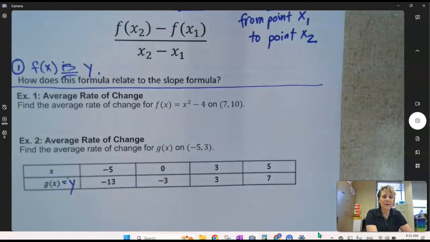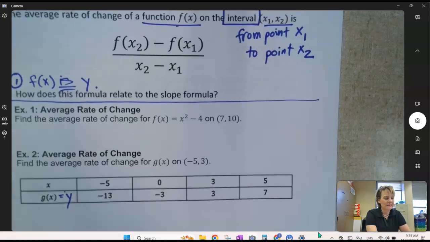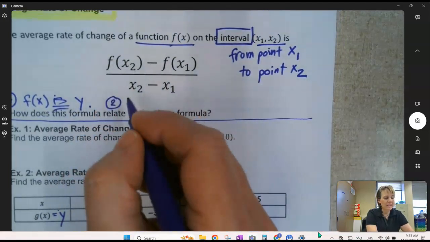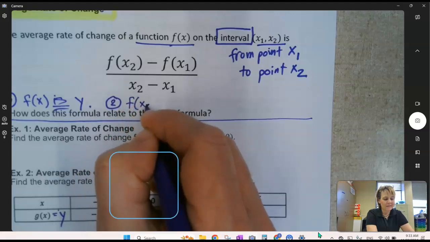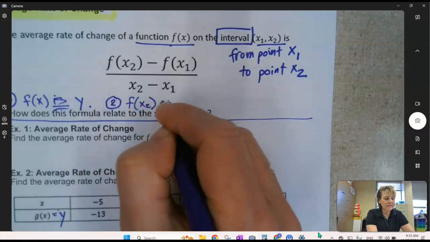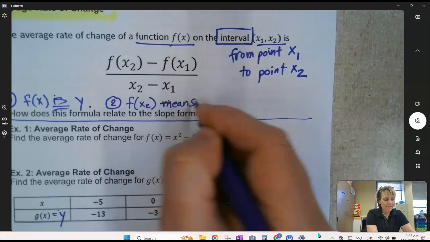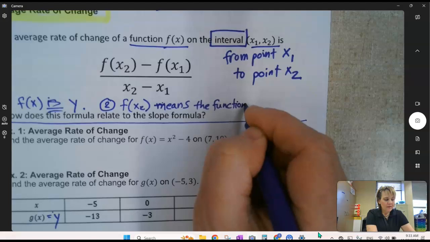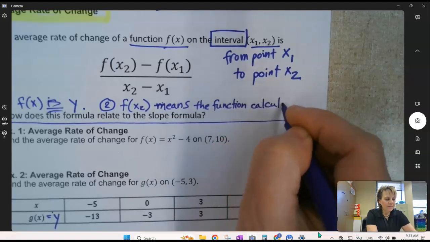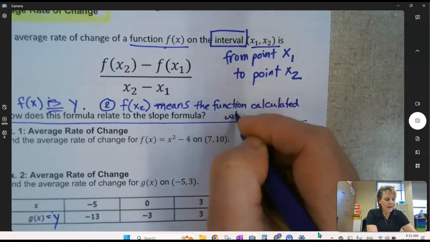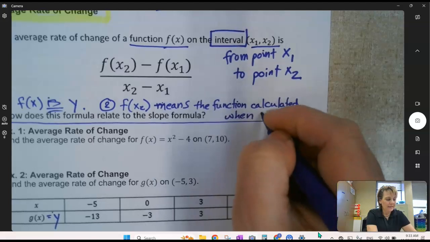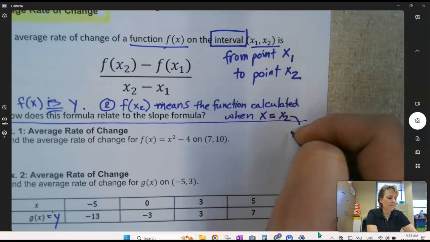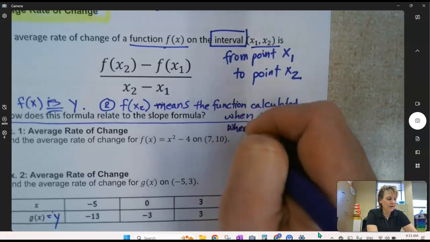But the other thing that we know about f of x is that if we have the notation like this, f of x2 means the function calculated when x equals x sub 2, where x sub 2 is a number.